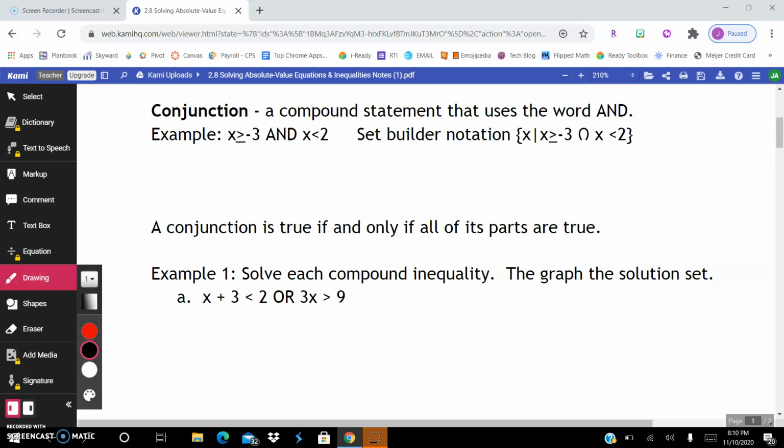We're not going to see the word and in most of these. You are normally going to see the smallest number written, then is less than or equal to, and then your x or your variable, whatever one you're using, is less than 2.